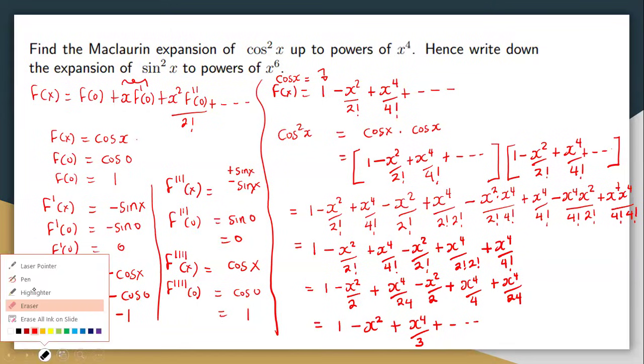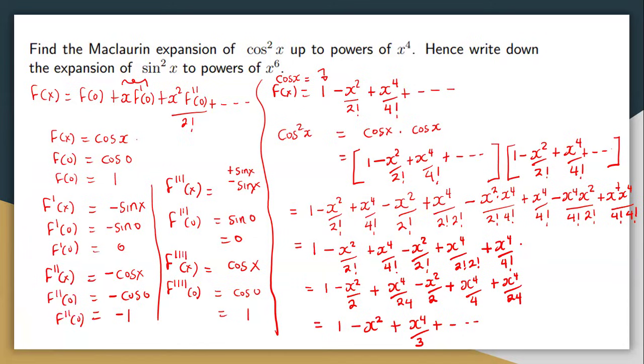No problem. So this one is going to be minus, hope you can notice, x power 6, 4 plus 2, divided by 2 factorial and 4 factorial. When you multiply, what do you get? You get 48. Then minus x power 6 out of 48.